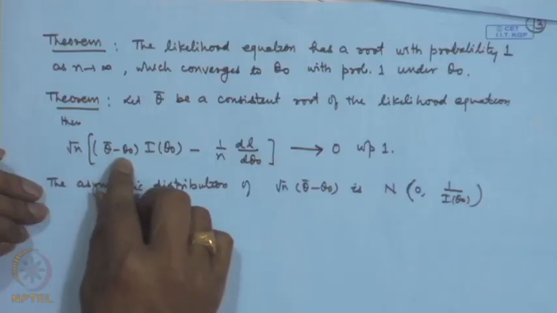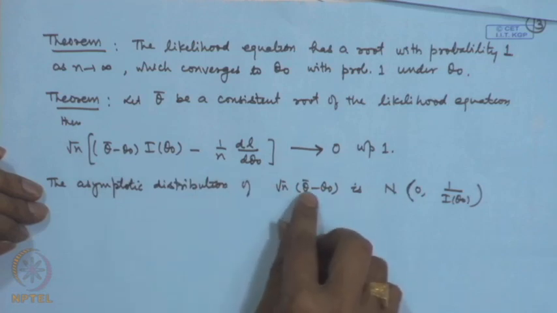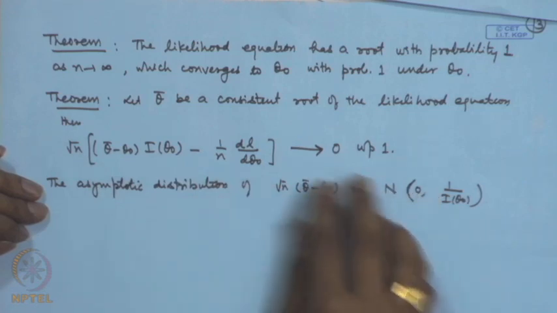See this property which I have written at the end, that is square root n (theta bar minus theta naught) is asymptotically normal. This is also known as consistent asymptotic normal property or CAN estimator. So, if an estimator is consistent as well as its asymptotic distribution is normal, so naturally these are having some desirable properties.